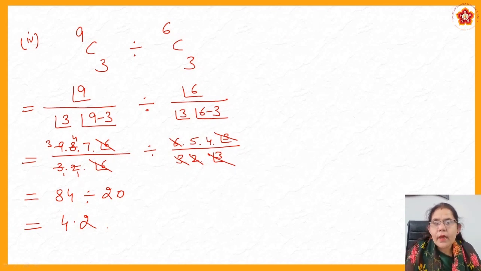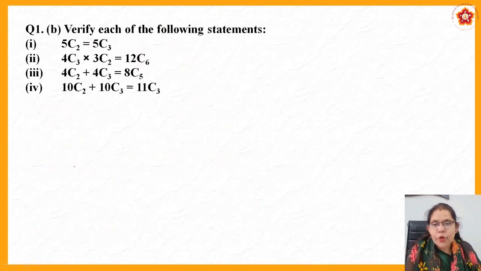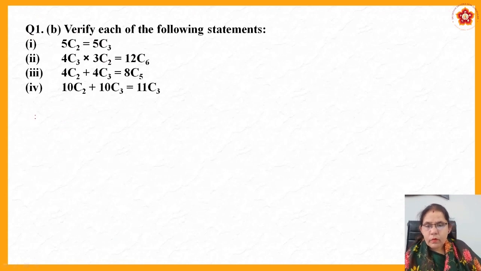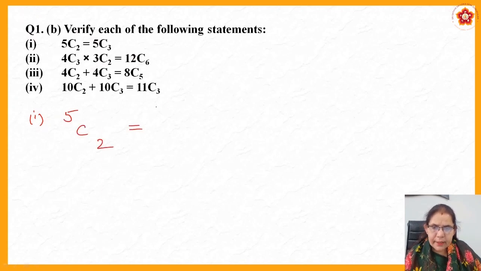So in this way, we can solve such questions. This particular question I want you to do yourself. I'll just rewrite the question as it is not properly written here. So you have to verify each of these statements.